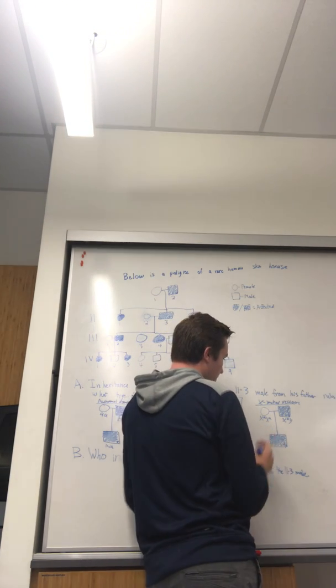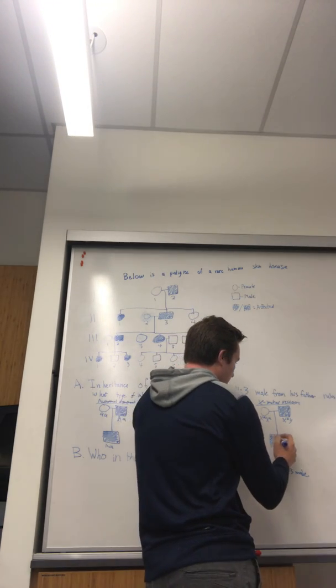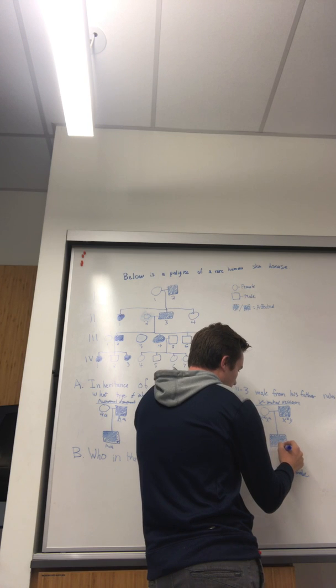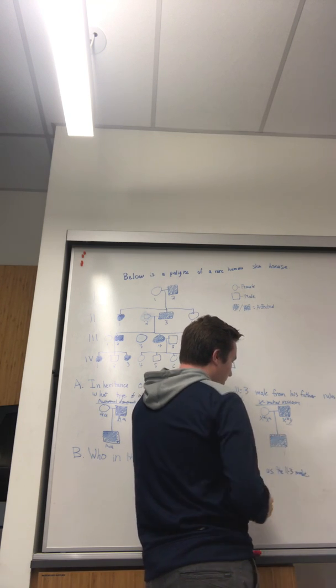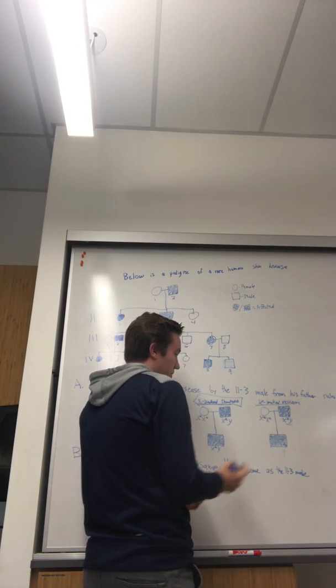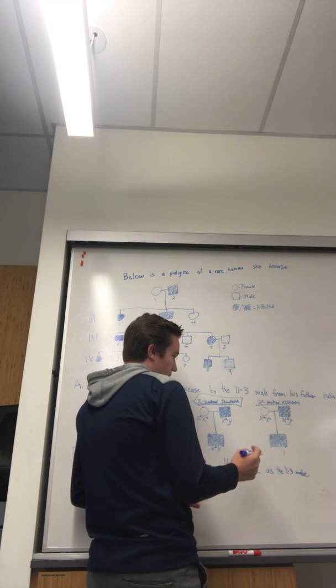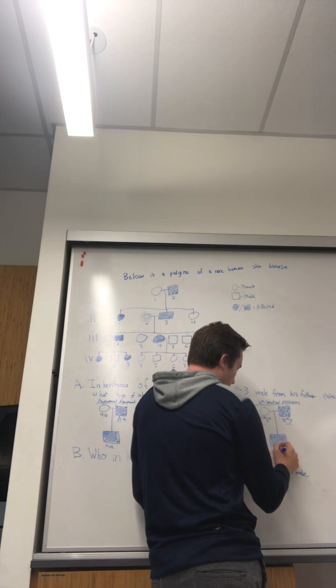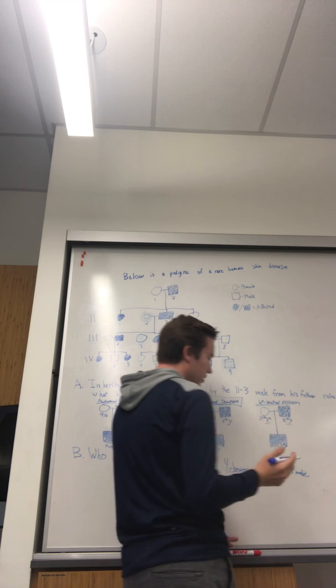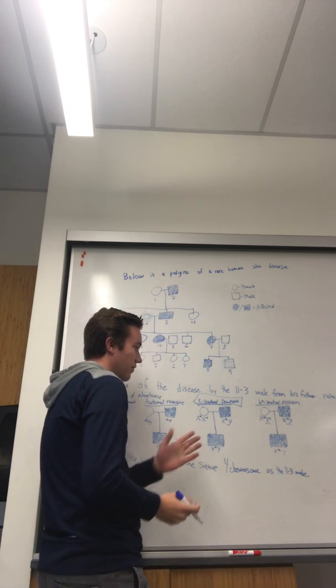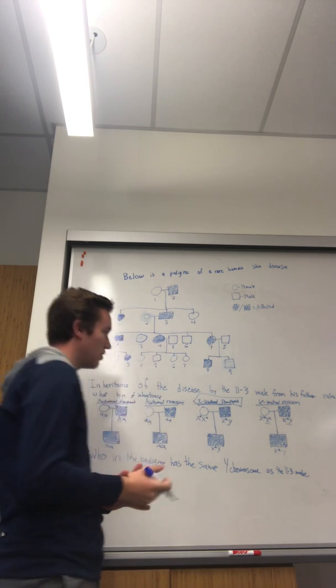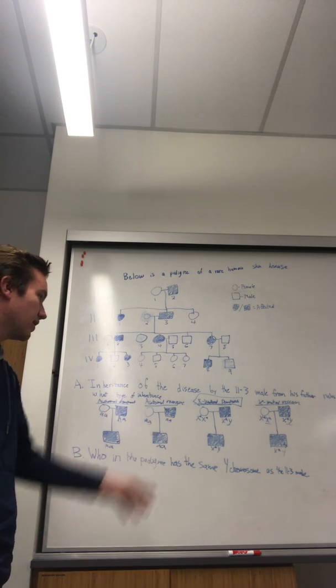And so if the mother is heterozygous, then obviously again the male would have to inherit the Y chromosome from his father, and then he could still inherit this one from his mother. It's still possible, so he could still be affected in this case. So between all these, the only one it rules out is X-linked dominant.